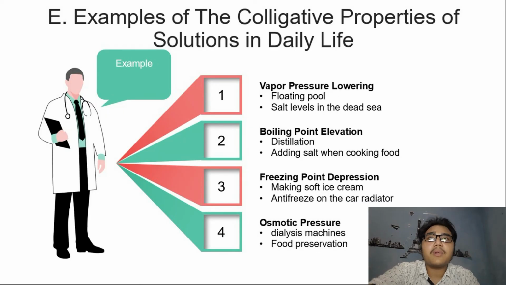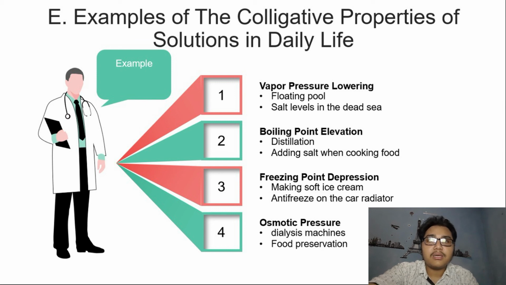E. Examples of the colligative properties of solutions in daily life. The first, vapor pressure lowering, is the floating pool and salt level in the Dead Sea. The second is boiling point elevation, that is distillation and adding salt when cooking food.